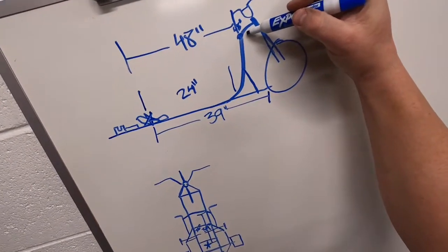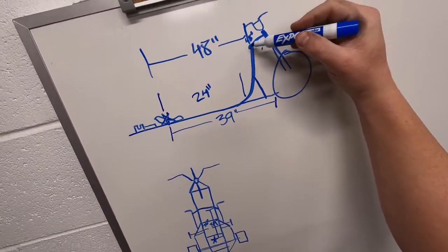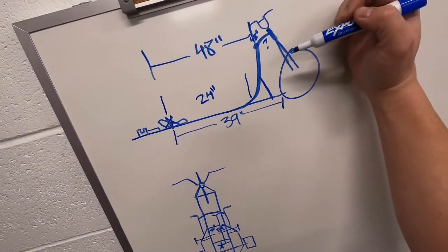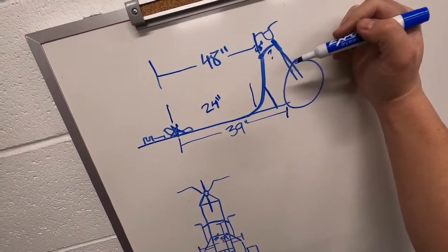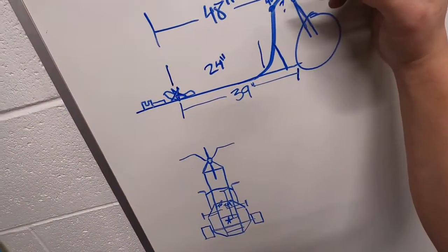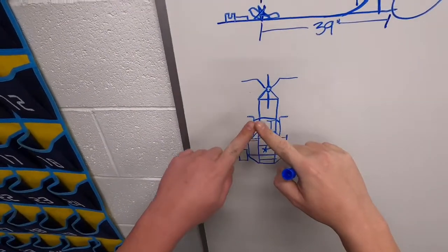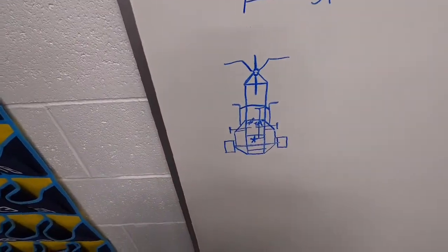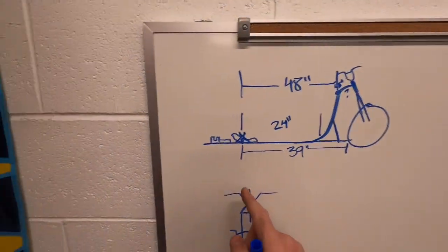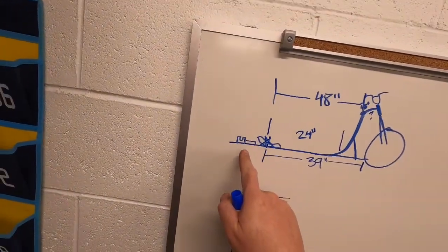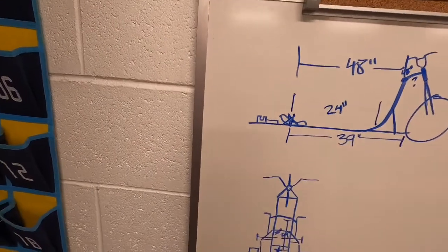This portion in here, that could be, I would say, 5 inches or so, maybe less, 4 inches. But this is where our two tubes are gonna make the bend inward to our head tube. The next thing we've got to figure out is from our seat back to the back of our frame.